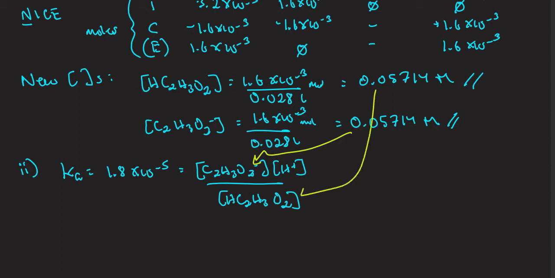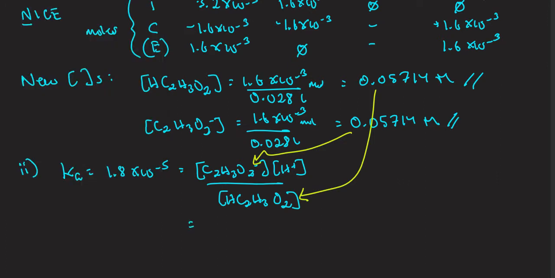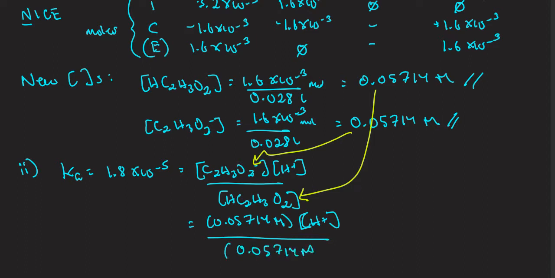Acetic acid, we know that concentration is right here. Plug those values in, and essentially they're the same, so they're going to cancel out, but let's just go ahead and do that. 0.05714. And we're going to figure out what our concentration of hydrogen ions is, but let's just substitute everything inside. Times 10 to the minus 5.